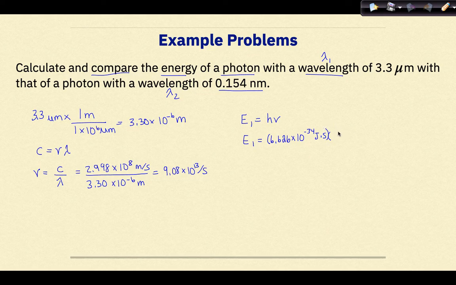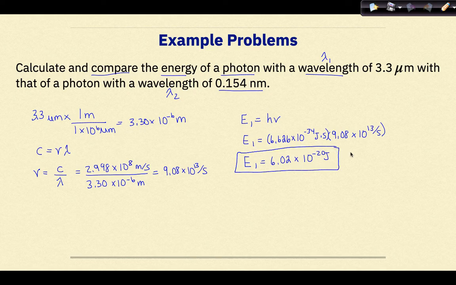Then my frequency is 9.08 times 10 to the 13th per second. So when I work this out, the energy associated with the first wavelength is 6.02 times 10 to the negative 20 joules. So that is the energy associated with the first wavelength.